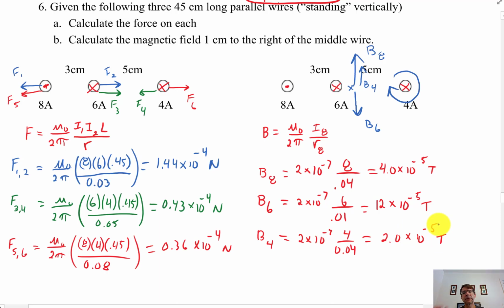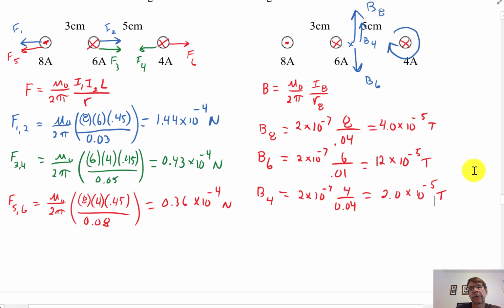So I've got to add up those three numbers, but I've got to be careful how I add them. If they're all in the same direction, I just add them straight: 12 plus 4 plus 2, which would be 18. But B total is going to be, actually B6 is the biggest. It's going to be B6 minus the sum of the other two, B8 plus B4, because B8 and B4 together are smaller.